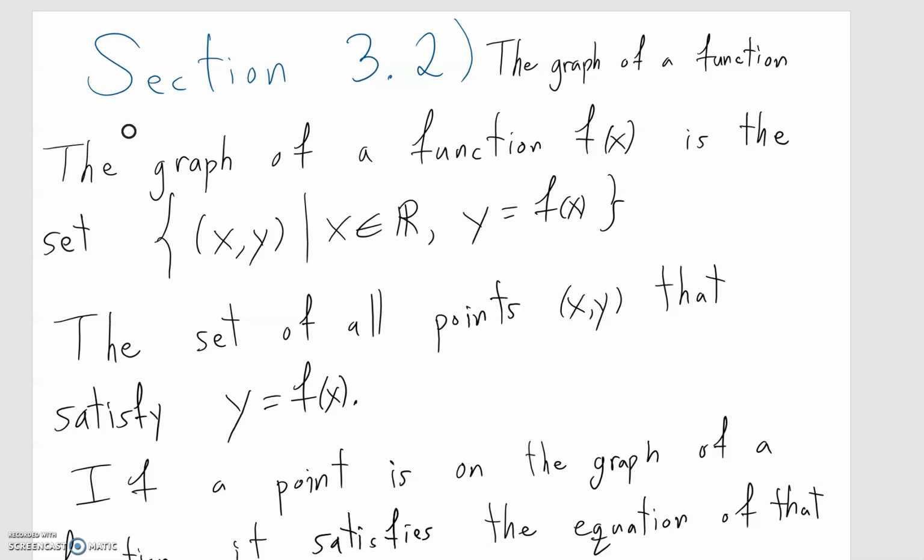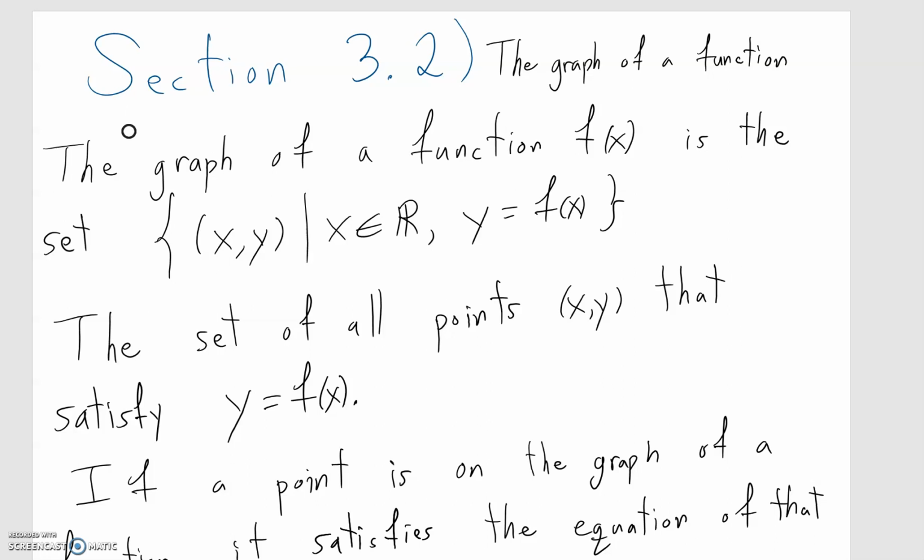Hi everyone, here is your introductory lecture video to section 3.2 in which we are going over the graph of a function. The set definition that we have here for a graph is the following. The graph of a function f of x is the set of all points x comma y such that x is a real number and y is written as a function of x.